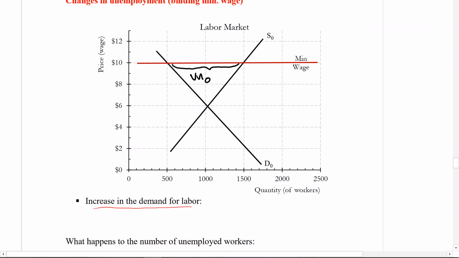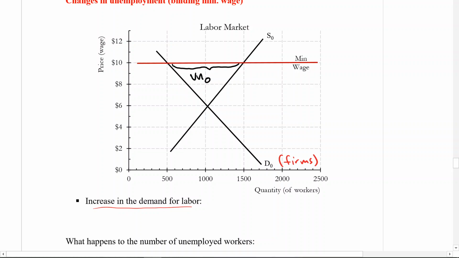This could come from a number of sources, but just think back to those demand curve shifters from a few videos ago. Any increase in the number of buyers increases demand. Buyers in this case are the firms. So an increase in firms will increase the demand for labor. One of our demand curve shifters was income, and in this case, we're talking about firm income. So if profits are increasing, if the economy is doing great, it can increase the demand for labor.